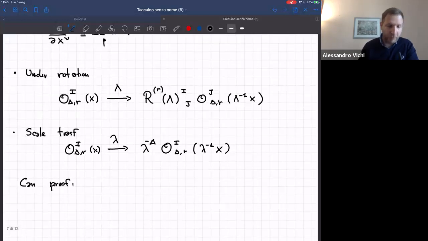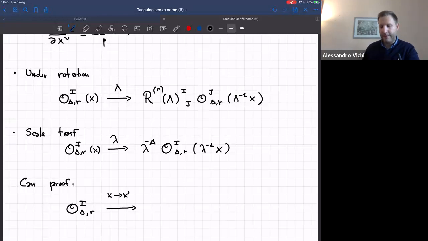You can prove that operators, and then I'll make a comment about which operators obey this law of transformation, operators O_I which transform in the representation R and have scaling dimension delta, under x going to x prime, will transform as a combination of the previous two transformation laws. So there will be a prefactor, which now is omega, the x-dependent dilatation, to the power minus delta. There will be the rotation, which is the same.